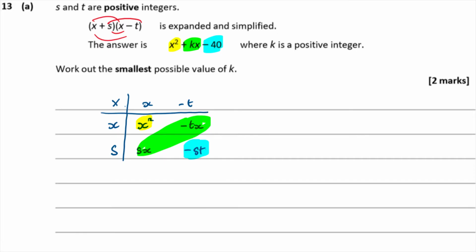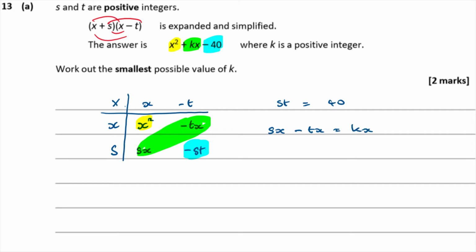Okay? So comparing our grid with what we've been given, I can see that minus st is the same thing as minus 40. So I can just get rid of those negative signs, can't I? So st is 40. And what else do I know? I know that sx minus tx is going to be kx.